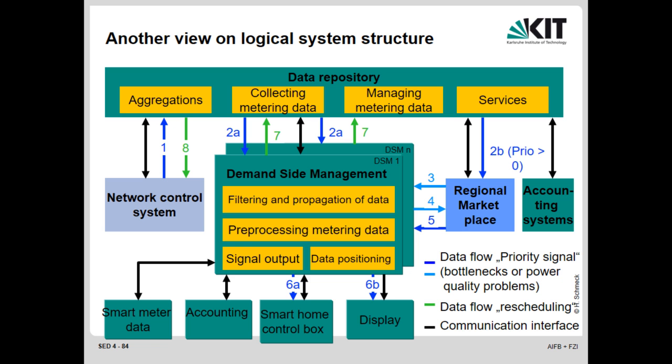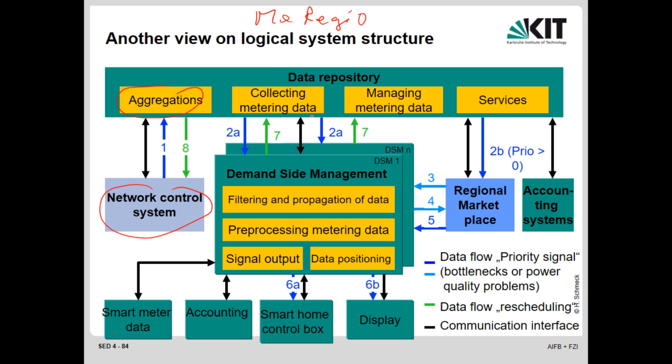Here's another one, with the smart metering system. This is actually a result of the Meregio project, which has set the basis for this architecture, which is now transformed into this Ampelmodell. So we have our network control system, which is noticing a certain situation and looks at the aggregations.